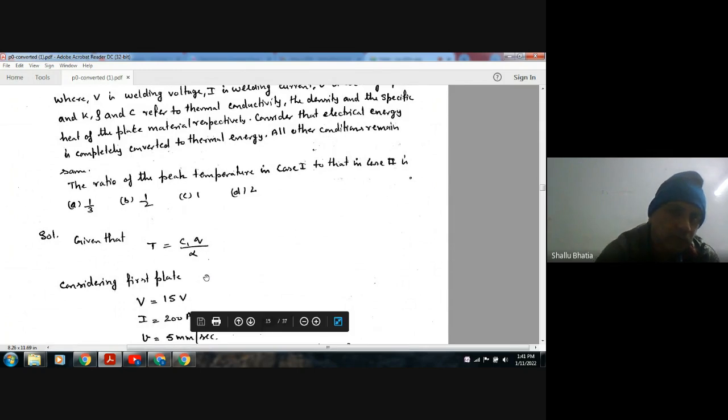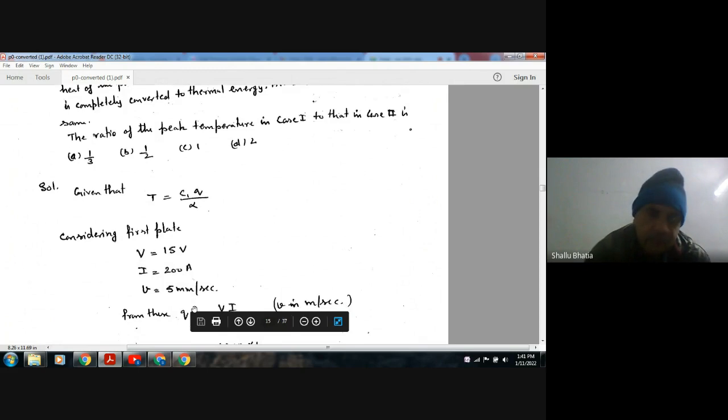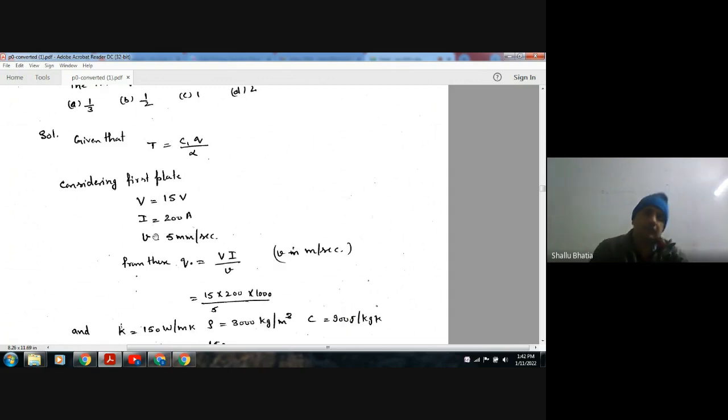Okay. Now, the general equation is given as T = C1 Q / alpha, where C1 is a constant, Q is heat input per unit length, and alpha is thermal diffusivity. In the first case, the voltage is 15 volt, current is 200 amperes, and velocity is 5 mm per second.